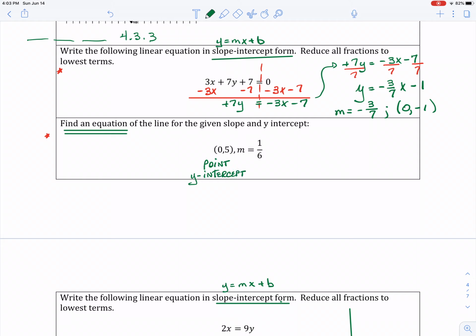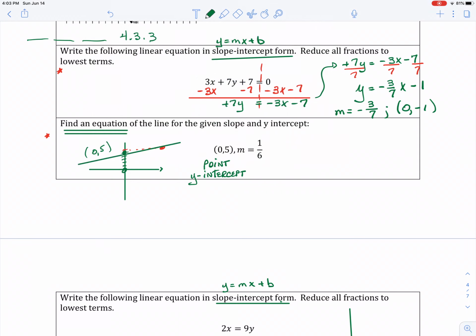You know that because the first coordinate in the pair is a 0. So there's the point 0, 5. And from there, if I change color and count up 1 and over 1, 2, 3, 4, 5, 6, you get an idea of what this line looks like.